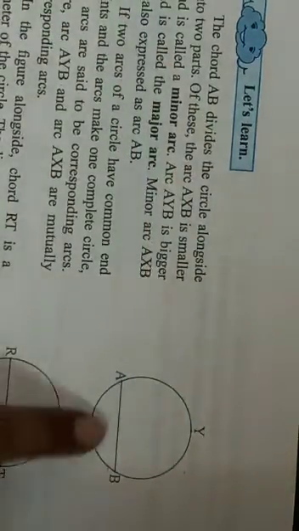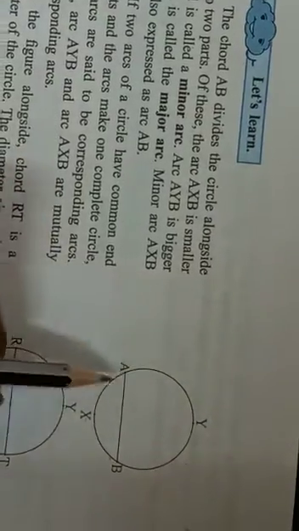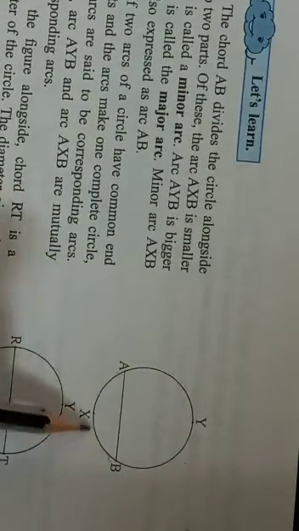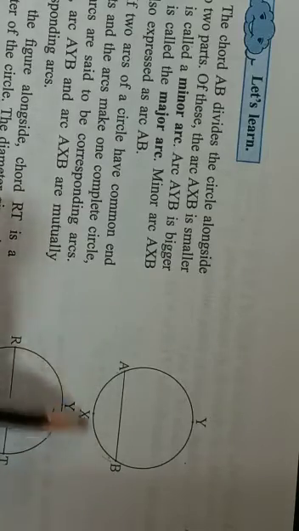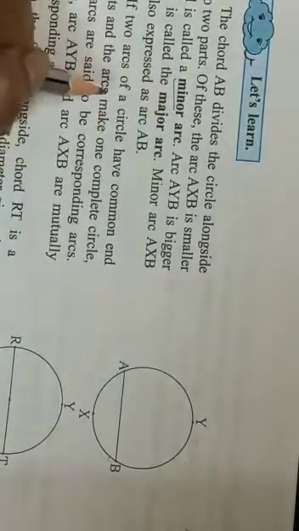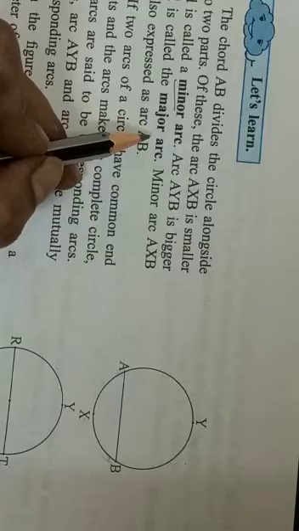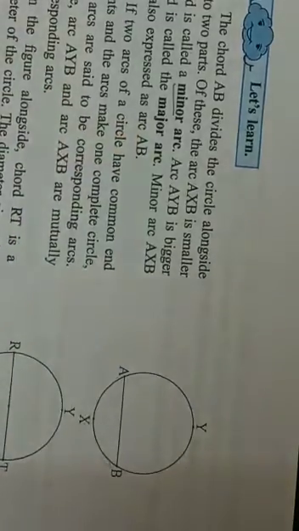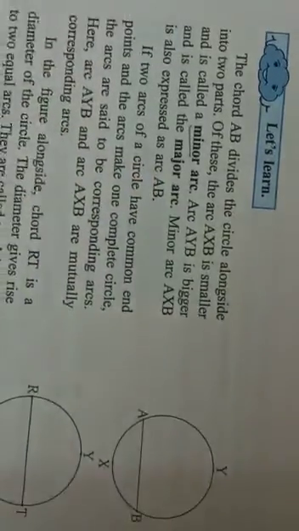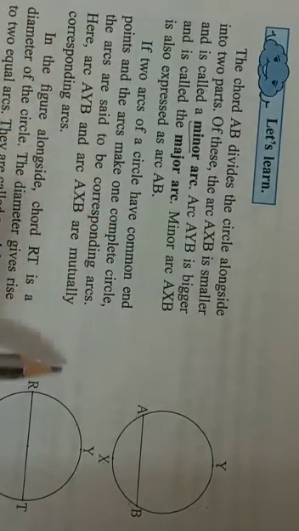Same way, if you are looking at this figure, this arc AXB is the smaller arc, and the smaller arc is called minor, and the bigger one, arc AYB, is called the major arc.